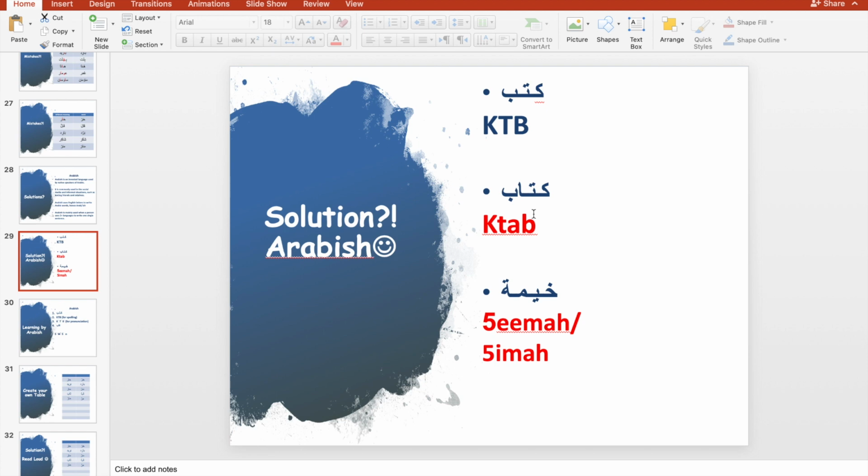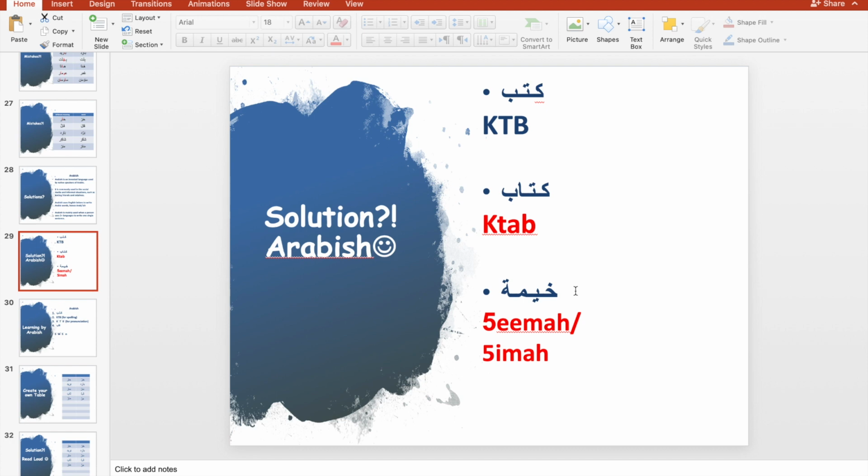Not fatha or ta marbuta, as the case of the code A that we discussed in words written phonetically. Again, the letter E in this example is written as double E or I. It doesn't really matter. Both are meant to be the long E in khayma.